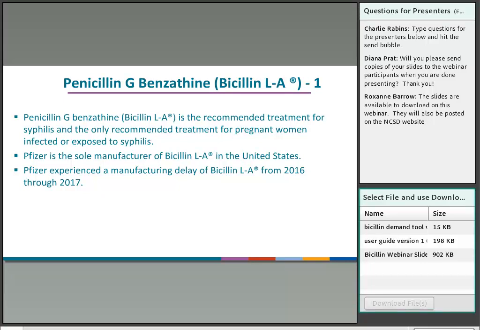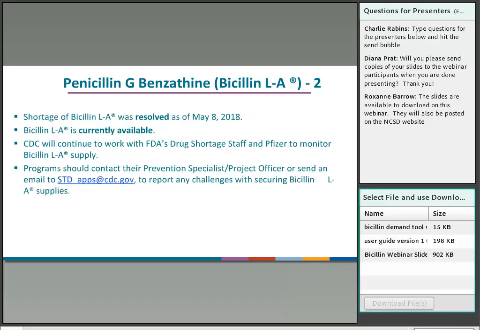Pfizer is the sole manufacturer of Bicillin L-A in the U.S., and as many of you are quite aware, Pfizer experienced a protracted manufacturing delay of Bicillin L-A from 2016 through 2017. However, Pfizer officially resolved the Bicillin L-A shortage as of May 8, 2018, and now Bicillin L-A is currently available without any allocations.